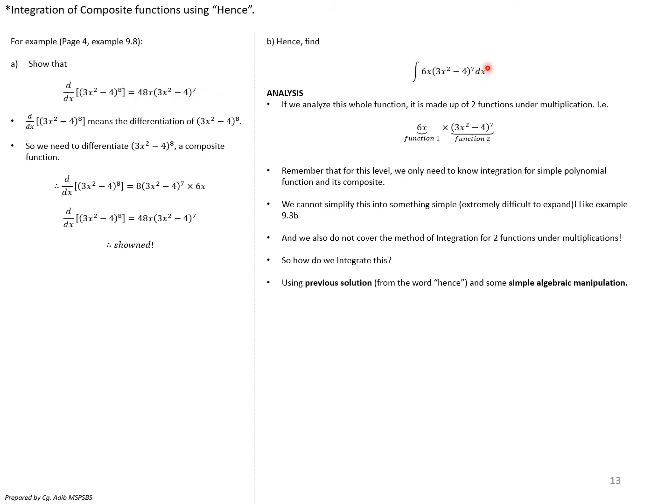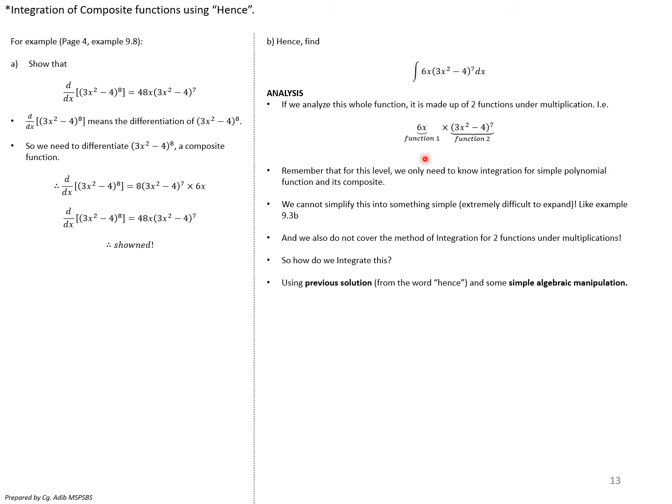They are very similar, so we are going to relate these two later. Another analysis is that this function is actually two functions multiplied: function 1 times function 2. Remember differentiation?